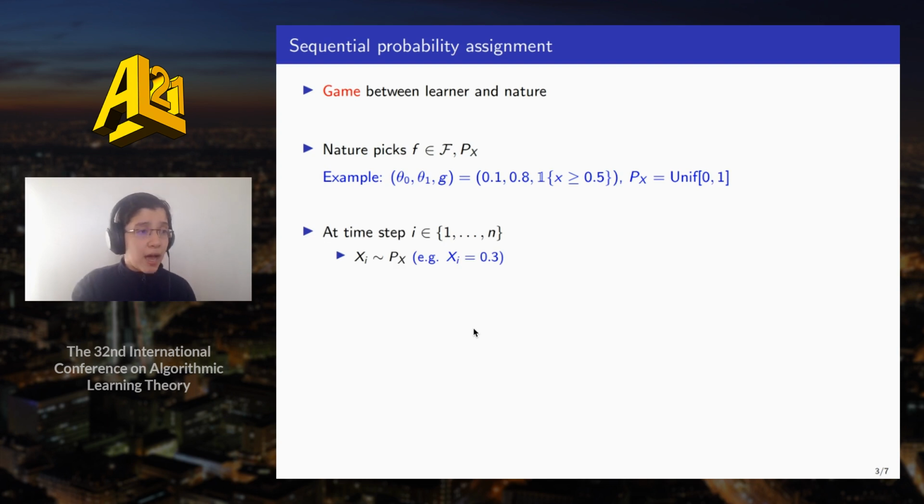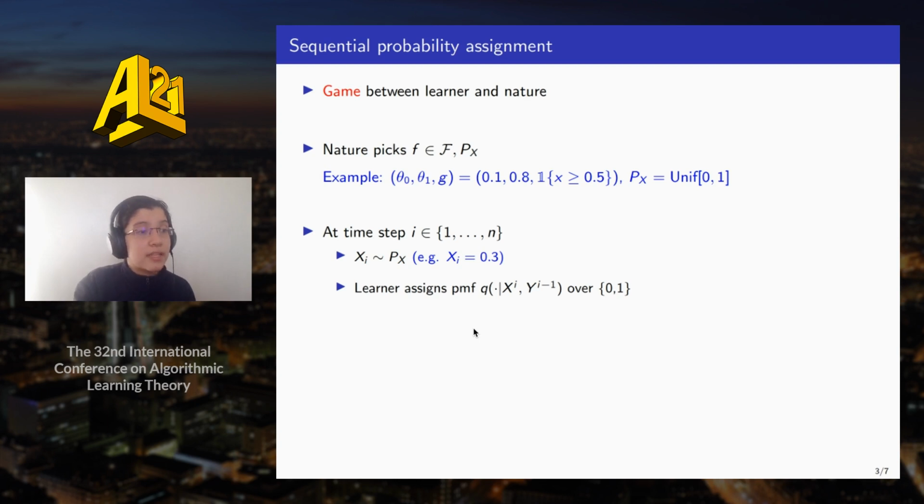At time step i, the side information xi is generated according to the distribution px. Let's say x equals 0.3 was drawn. Then both the learner and nature have to assign a PMF to yi, which is equivalent to saying that they have to choose a probability that yi equals 1.